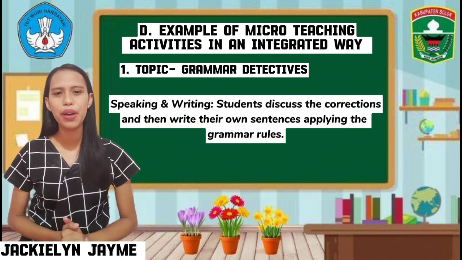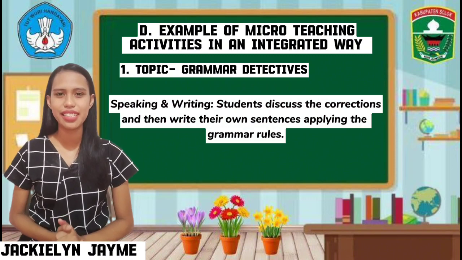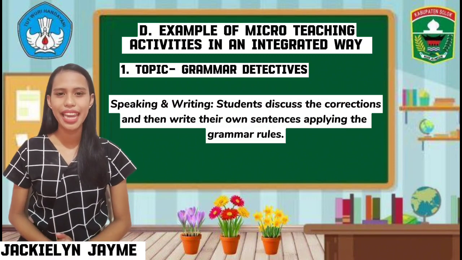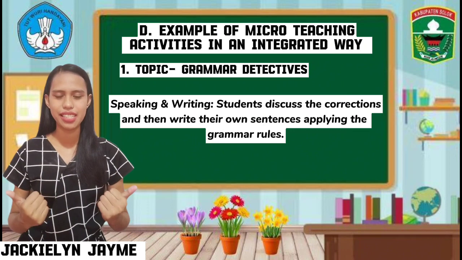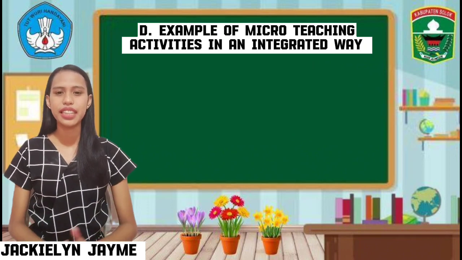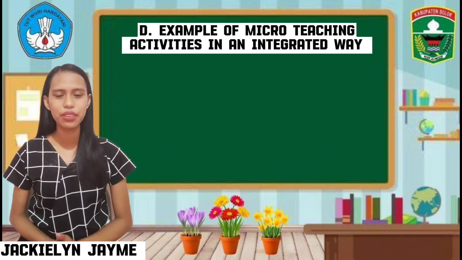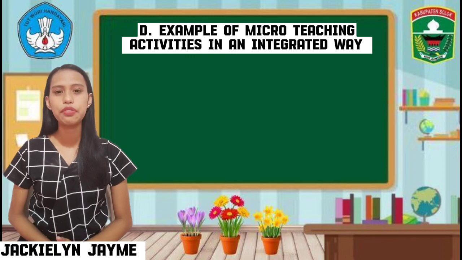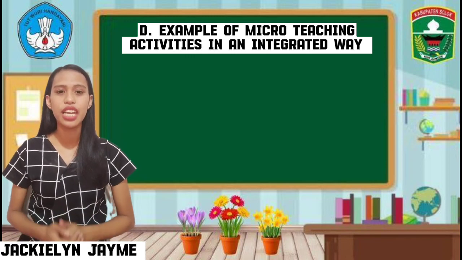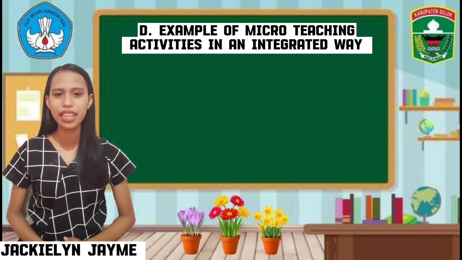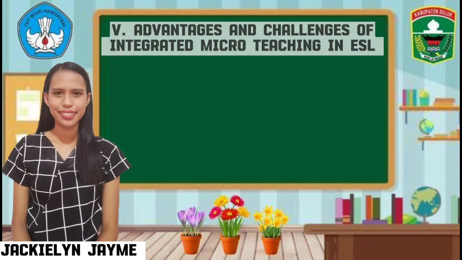Finally, they talk about the corrections and write their sentences using grammar rules, enhancing their speaking and writing skills. So this activity is an example of micro-teaching because it focuses on specific skills in a controlled setting for a more detailed learning experience.